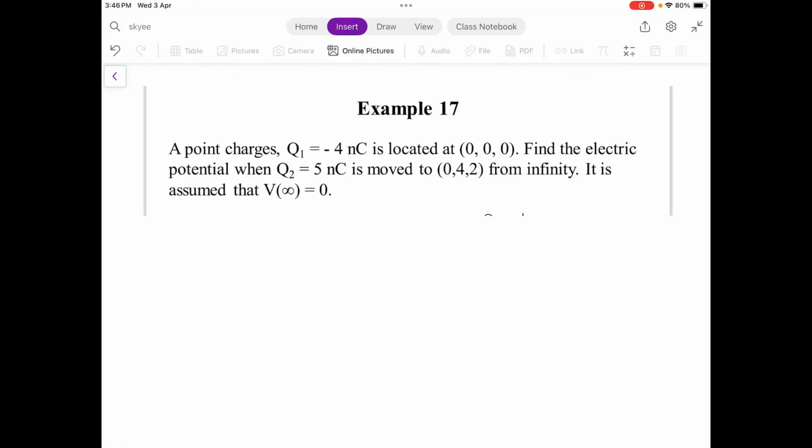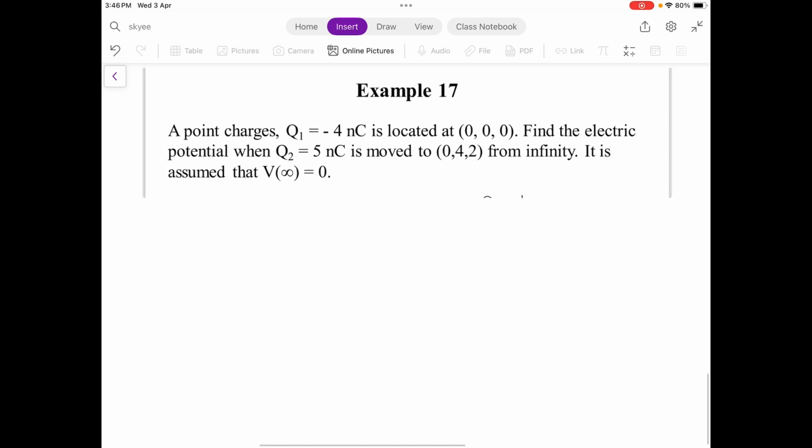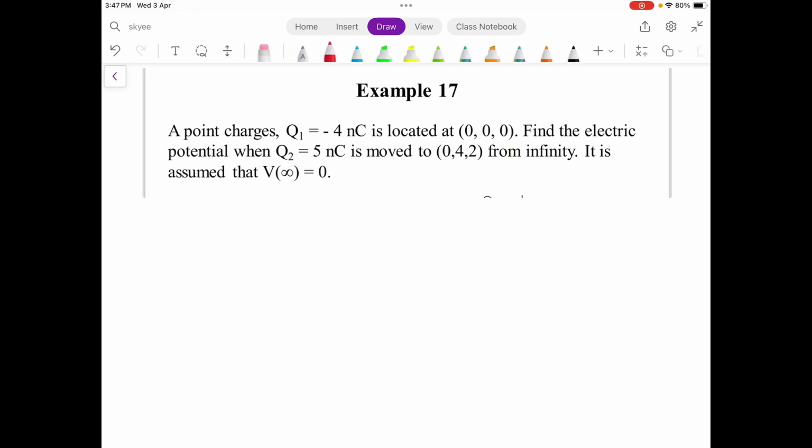So this is example 17 in the PowerPoint slide. Now you have a point charge, Q1 equals negative 4 nanocoulombs, located at the position 0, 0, 0.